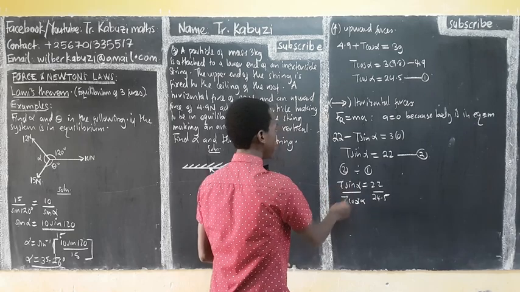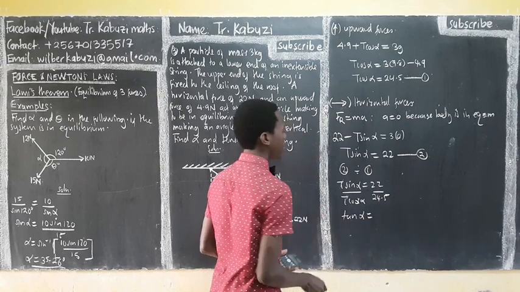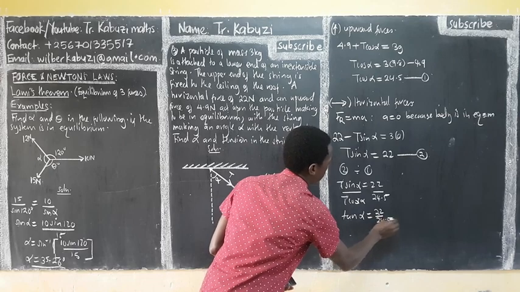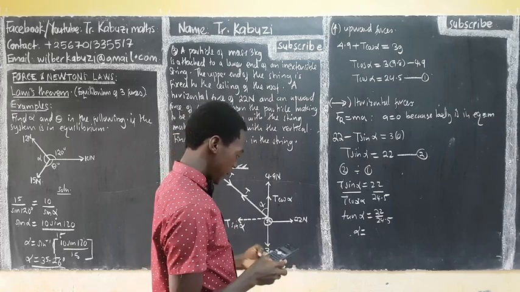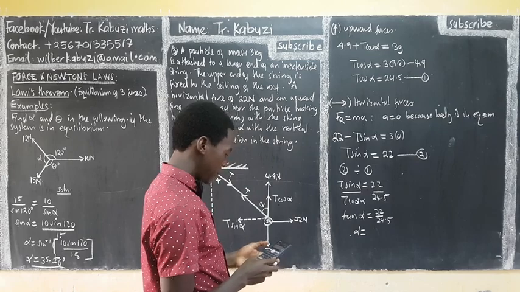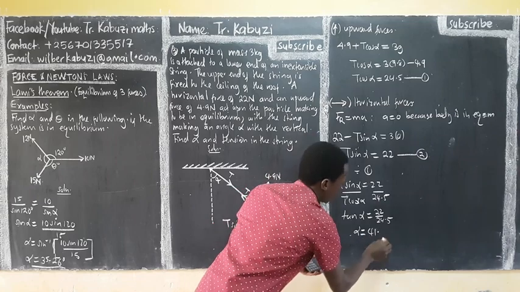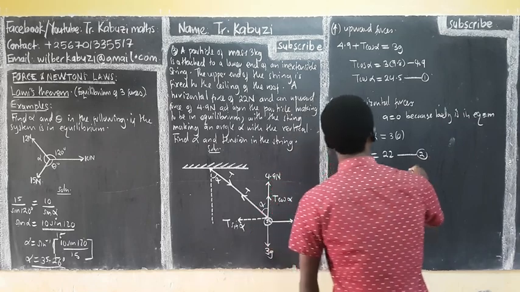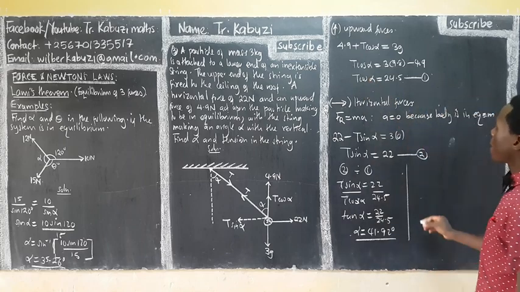You see the T will go, so we shall have tan alpha equal to 22 over 24.5, and so my alpha will be, here I'm getting 41.92 degrees.